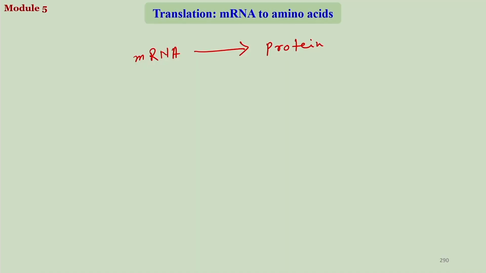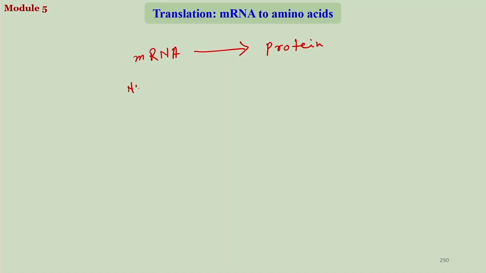So, now I am talking English, which can be converted into other languages such as Hindi, German, Japanese, and so on. So, it can be translated to other languages. Same here. In this process, we will see how the language of mRNA is converted to the language of the protein.